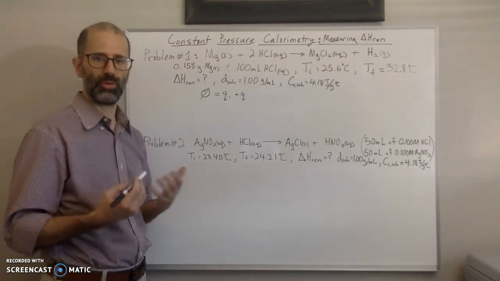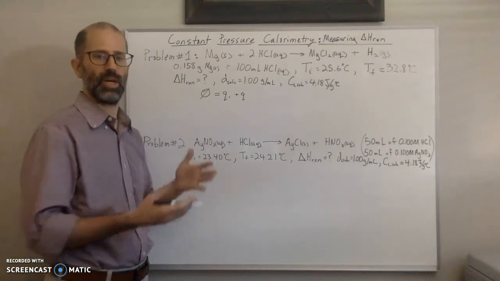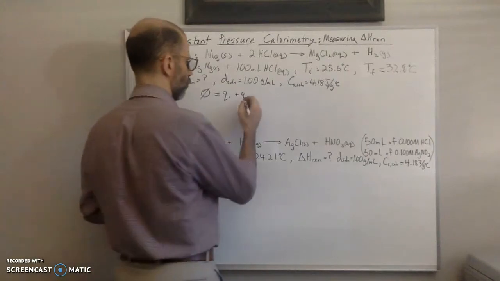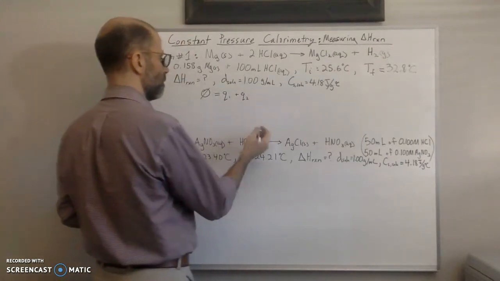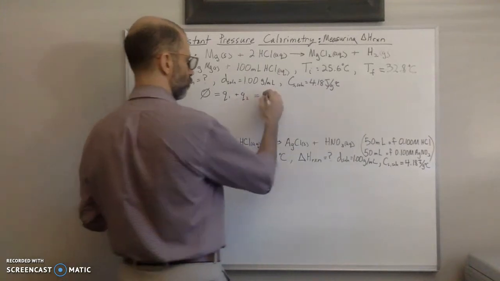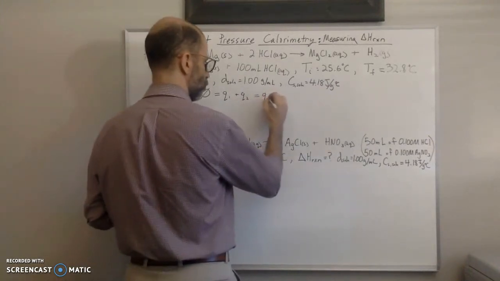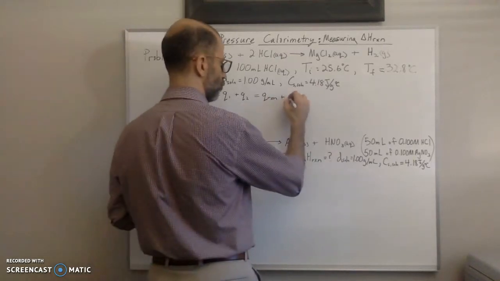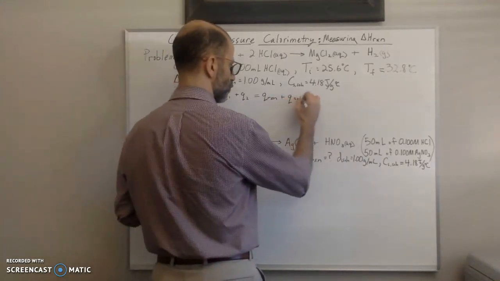So those are the only two things. So the reaction is the system, the solution is the surroundings. So Q1 will be the Q of the reaction, plus Q2 will be the Q of the solution.